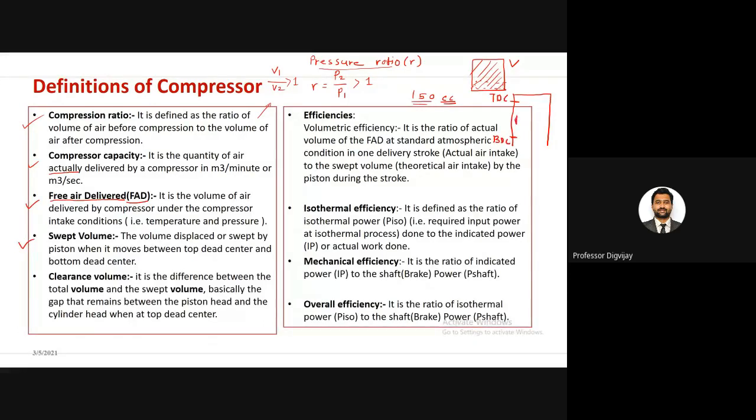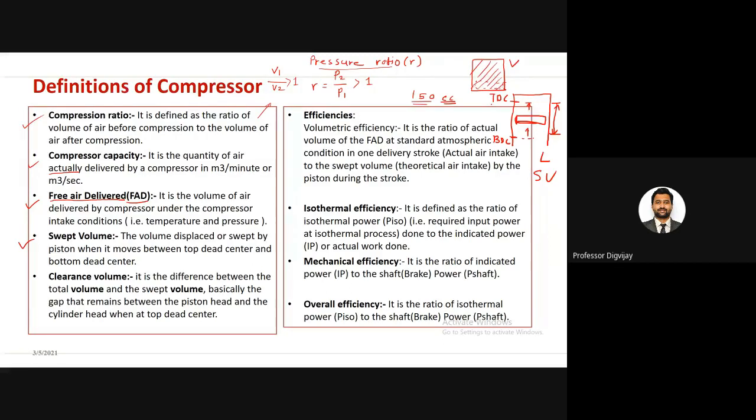Then we have the piston inside the cylinder. As the piston moves from BDC to TDC, this length is called the displacement, nothing but L. The volume between TDC and BDC is what we refer to as the swept volume.